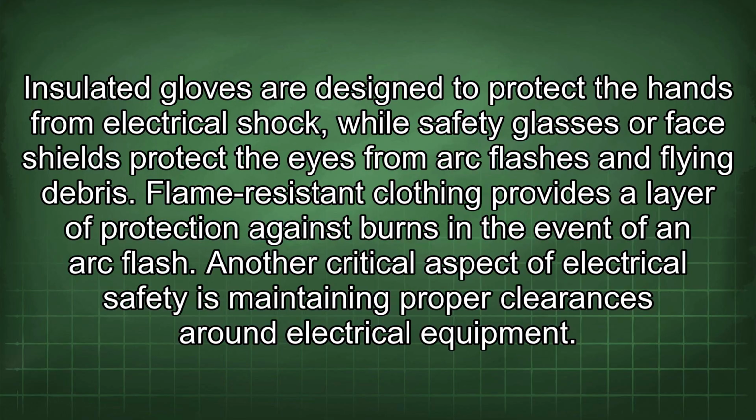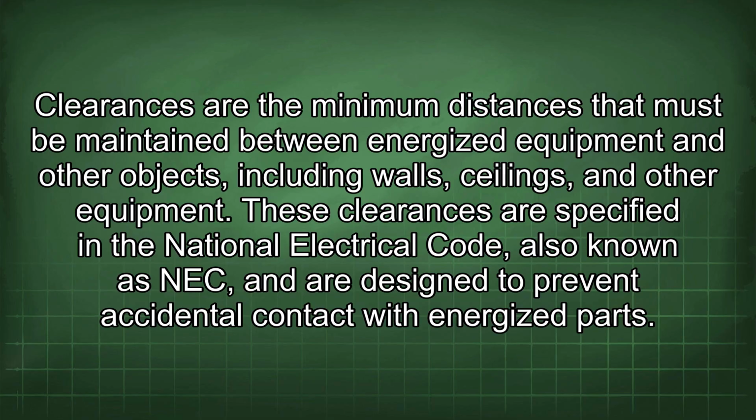Another critical aspect of electrical safety is maintaining proper clearances around electrical equipment. Clearances are the minimum distances that must be maintained between energized equipment and other objects, including walls, ceilings, and other equipment. These clearances are specified in the National Electrical Code, also known as NEC, and are designed to prevent accidental contact with energized parts.